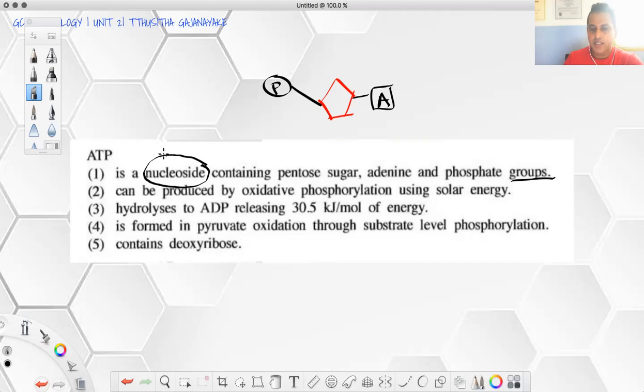So nucleoside is the pentose sugar with a nitrogenous base. The nucleoside is a structure which has sugar and the nitrogenous base. So it does not have a phosphate group.